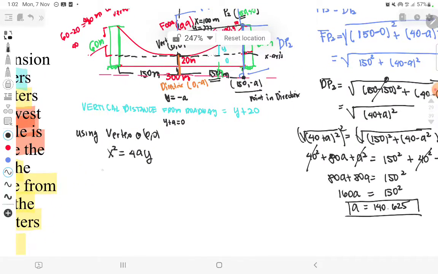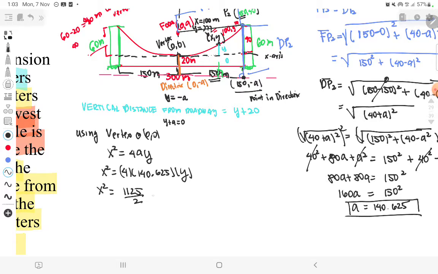Now here I will have x squared is equal to 4 multiplied by 140.625 multiplied by y. I will have x squared equal to, multiplied by 4, 562.5 or 1125 over 2 multiplied by my y.